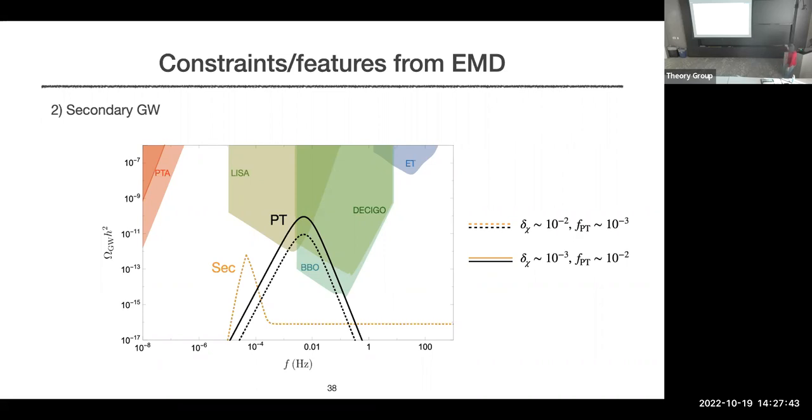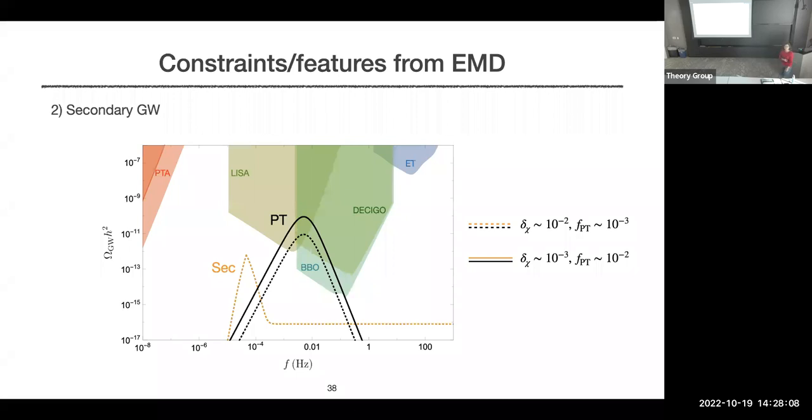I've done it for 2 benchmark points, the largest delta chi of 10 to the power minus 2, and then delta chi of 10 to the power minus 3. These secondary gravitational waves are highly sensitive to the level of anisotropy. The largest anisotropy gives this curve, and if I reduce it by an order of magnitude, it's too small to be seen on this plot.